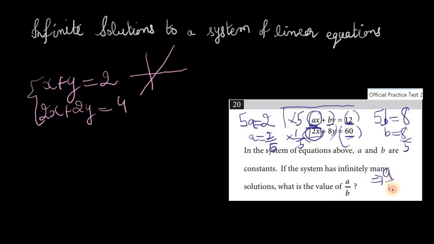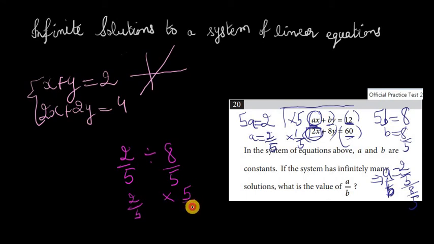So a over b would be equal to 2 over 5 divided by 8 over 5. Actually, let me write that below here: 2 over 5 divided by 8 over 5. I can also write this as 2 over 5 multiplied by 5 over 8.